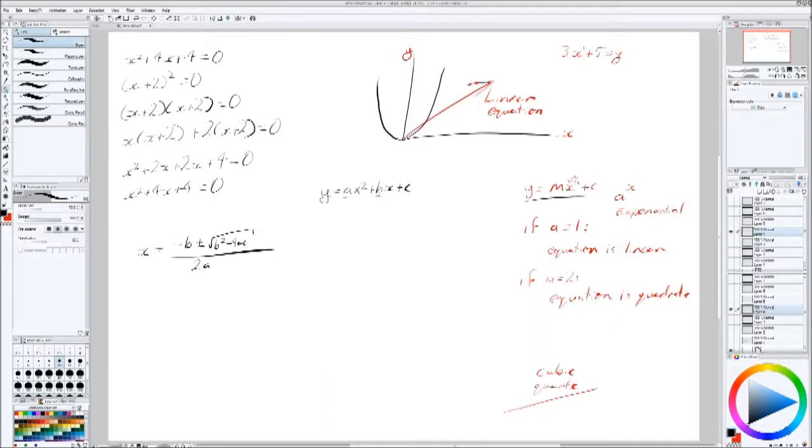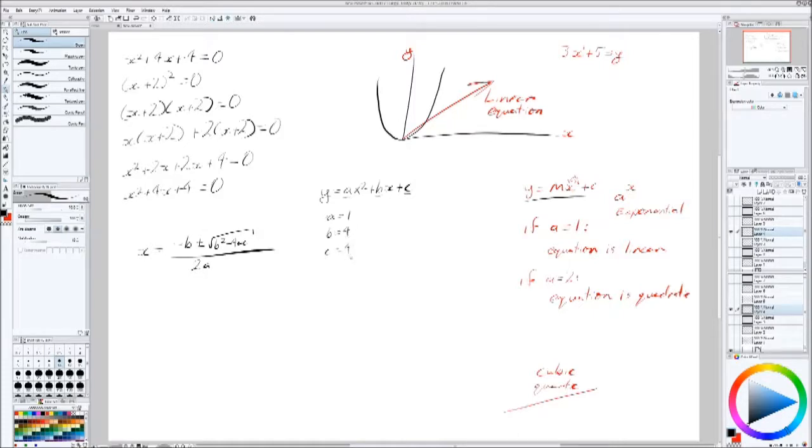Then the b, that's whatever's in front of just the x by itself, and then the c is the number at the end of it all. So in this case, our a is equal to 1, our b is equal to 4, and our c is also equal to 4.